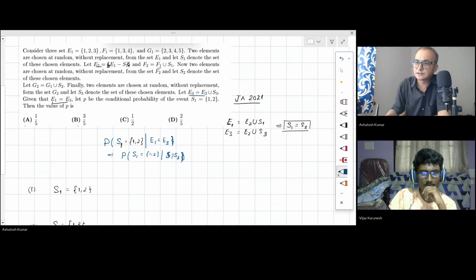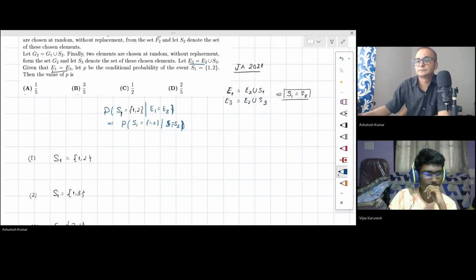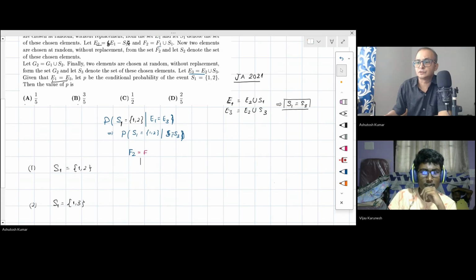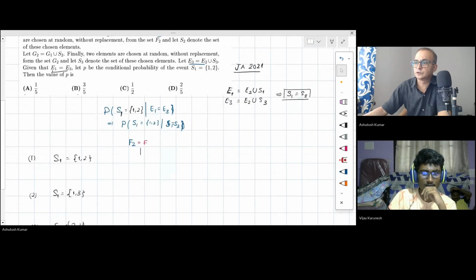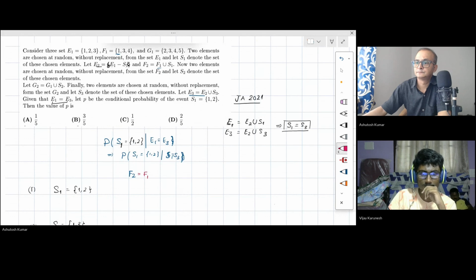Then you are combining with F1. Can you directly say what F2 is? Let's say I'm constructing F2 here. F2 is F1 union S1. Very good. So in all these cases, what is F2?